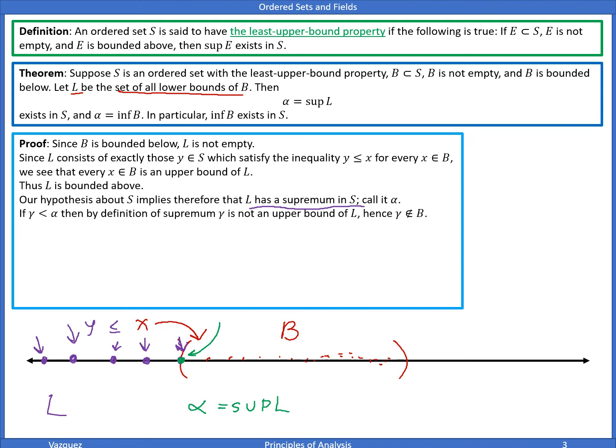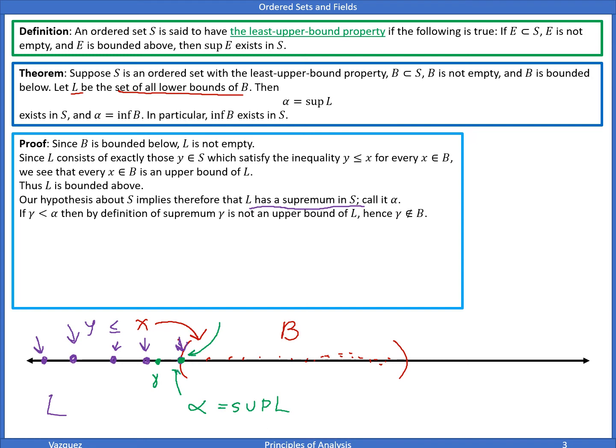And if gamma is less than alpha, then by definition of supremum, gamma is not an upper bound of L, right? So if gamma was, say, here, because it's less than alpha, that is not an upper bound, because alpha is already the least upper bound.